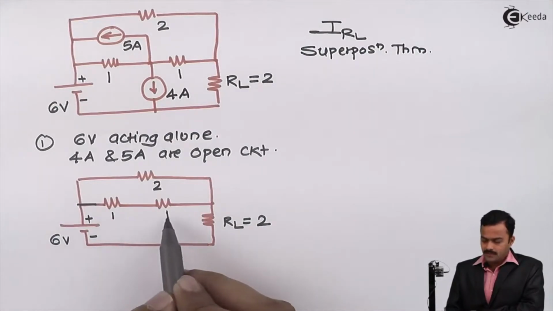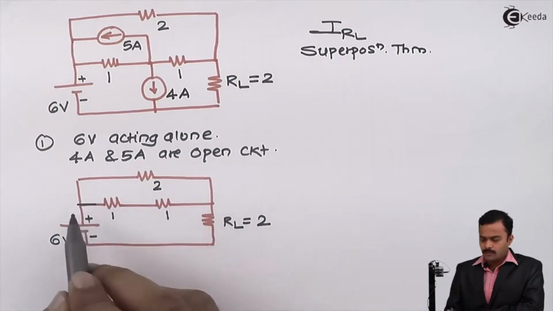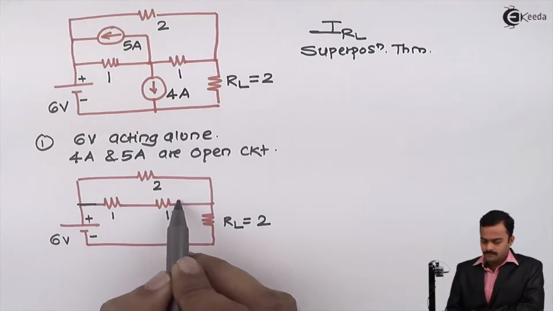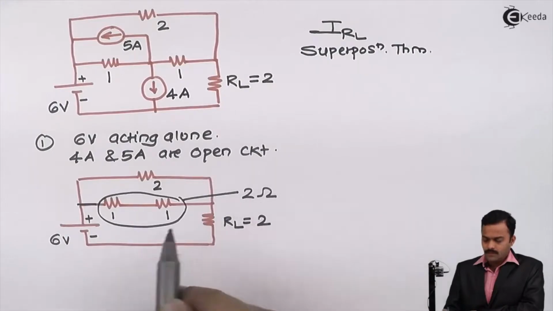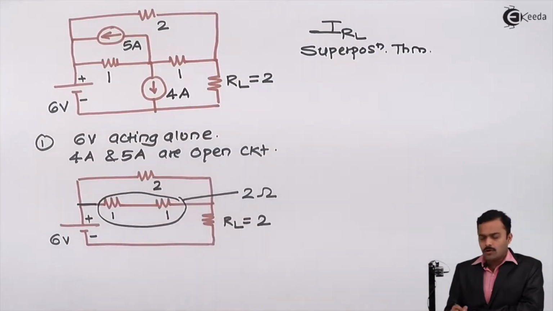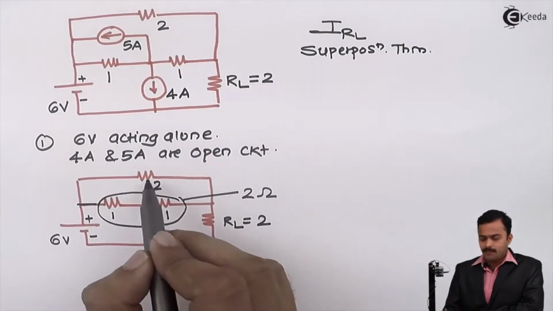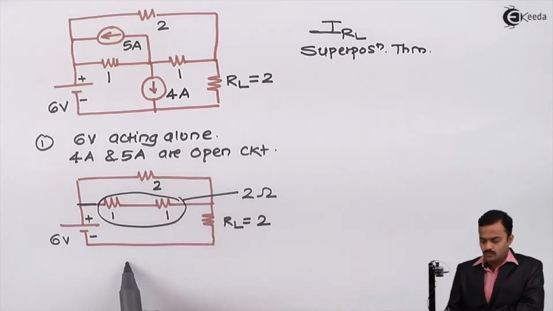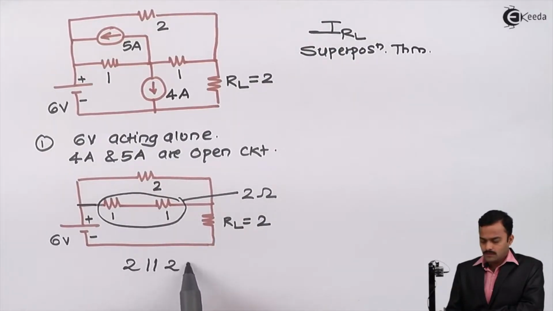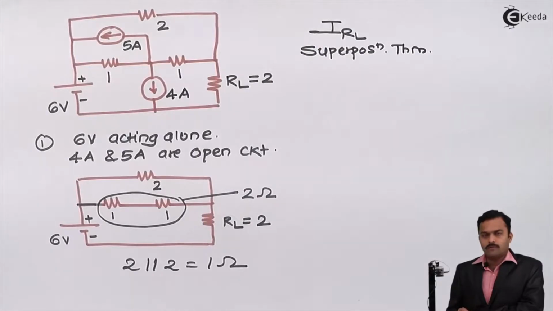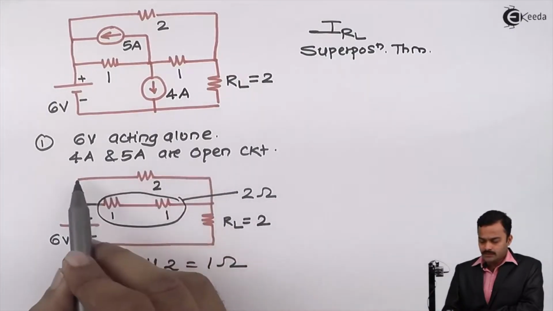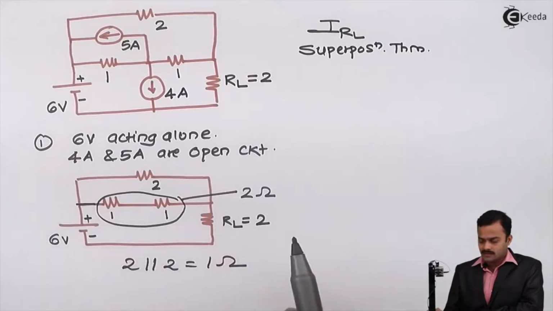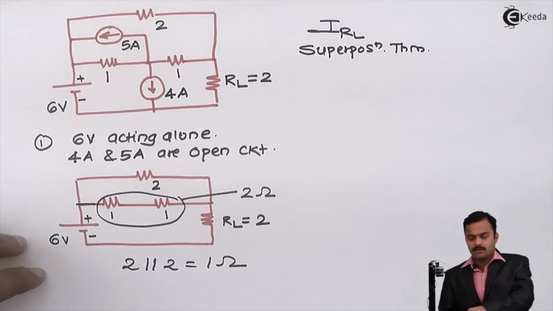This 1 ohm will become 2 ohm resistance, this 2 ohm will come in parallel with this 2 ohm. So directly I can say parallel connection of 2 and 2 will be 1 ohm. So by doing such modification, I can reduce this part into a 1 ohm resistance. So the circuit will look like this.